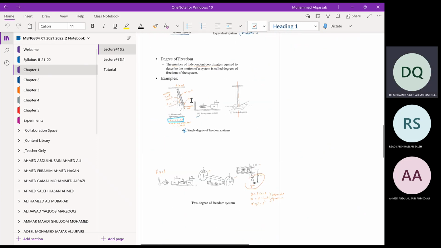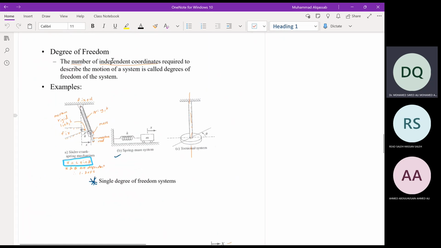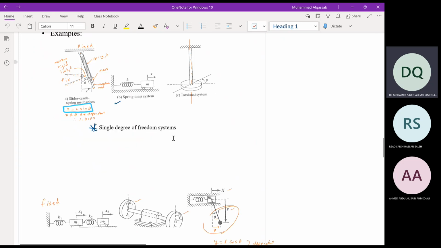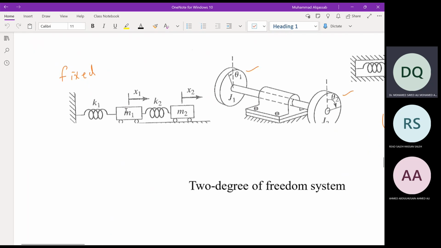Here we talked about degrees of freedom. We said the number of independent coordinates required to describe the motion of a system is called the degrees of freedom of the system, and then there is a single degree of freedom, and there are 2 degrees of freedom. So with 2 degrees of freedom, we have 2 masses which are moving with 2 different coordinates, x1 and x2, which are independent.